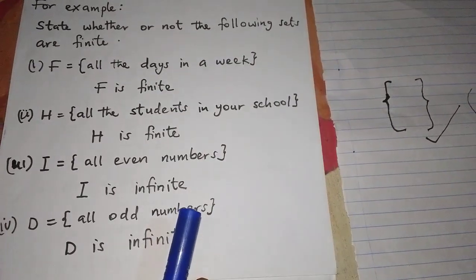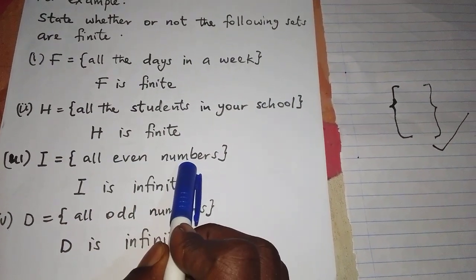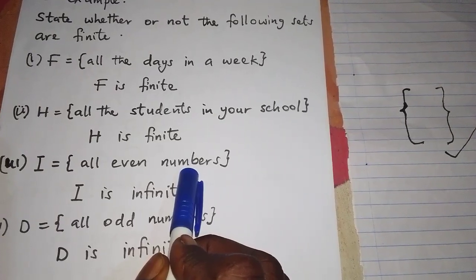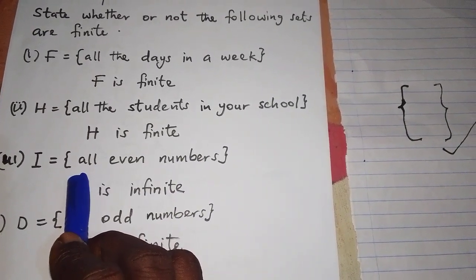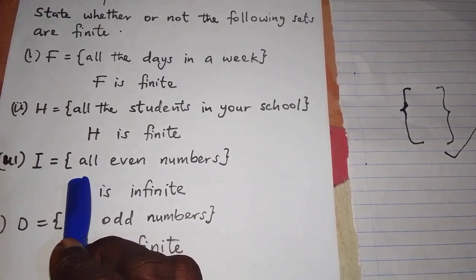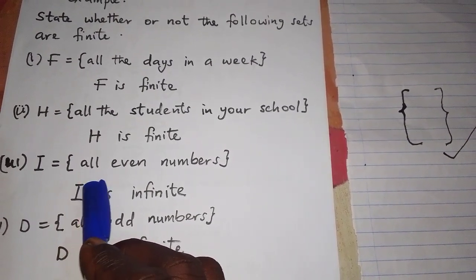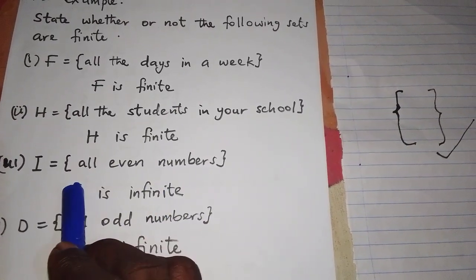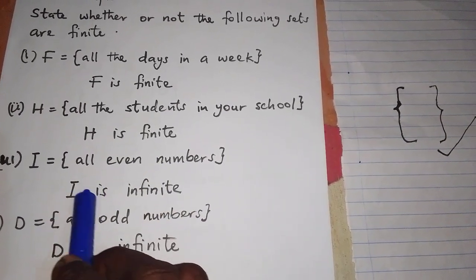If we want to consider another set, which is the set of all even numbers, you realize that if you start stating the members of such a set, you will continue to state them without an end. So a set whose members you cannot all state is an infinite set.